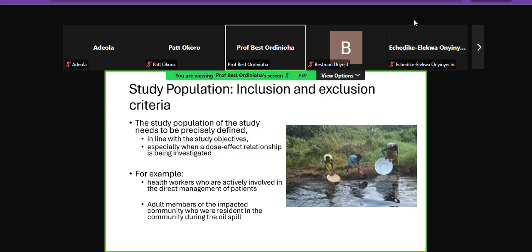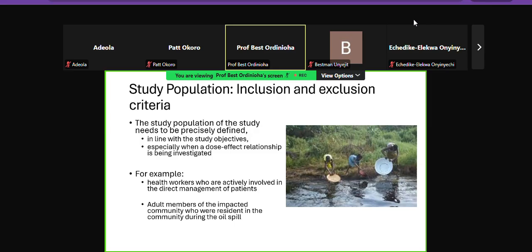If you are interested in, say, exposure to pollution, you should be able to have inclusion and exclusion criteria. Who are you going to include, and who are you going to exclude?